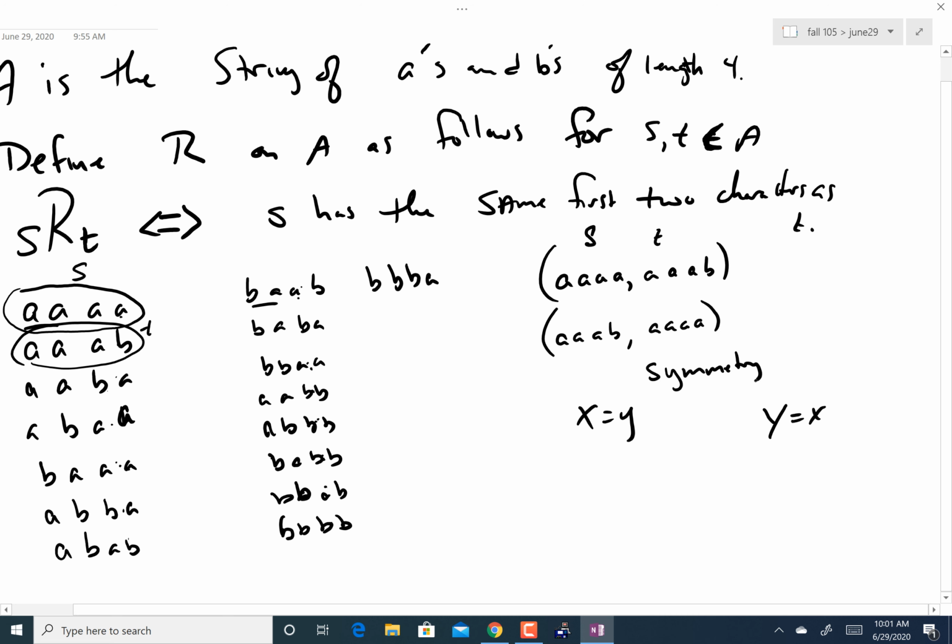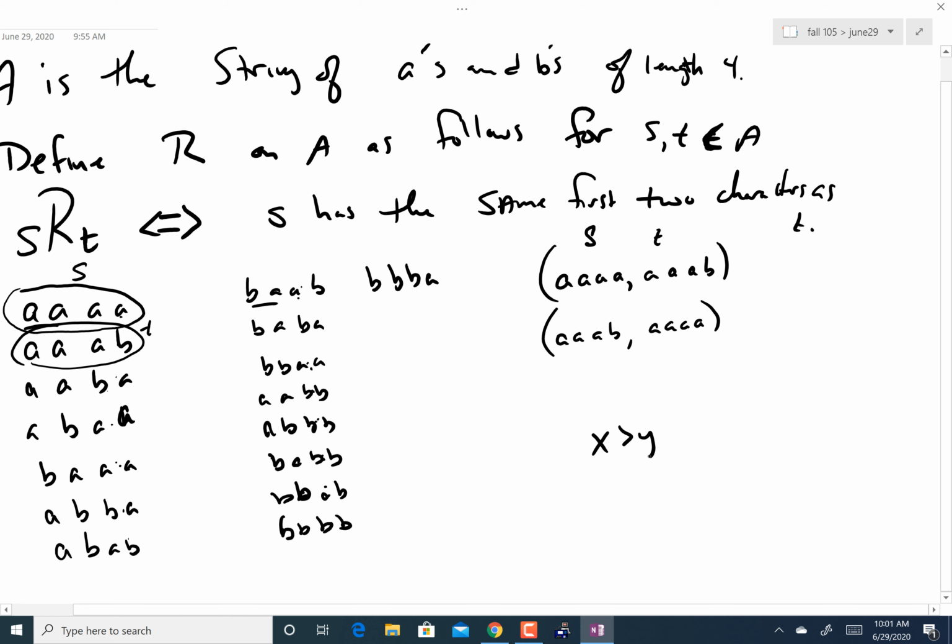The equality relation has symmetry. If I have X is greater than Y, it does not work to flip that around and say Y is greater than X. That does not have symmetry. The greater than relation doesn't have symmetry. Only equality does.